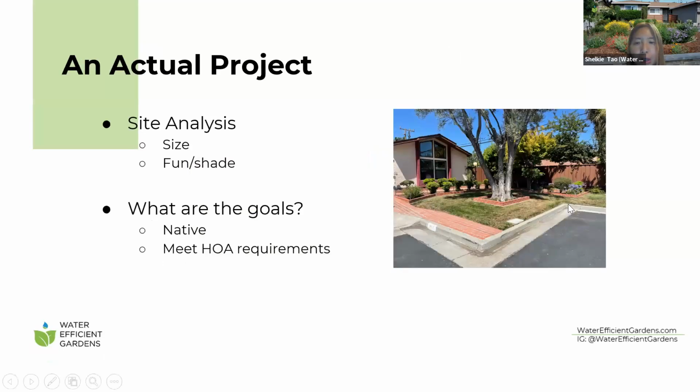This is an actual project that I did. It's an HOA yard. As you can see, this is the lawn. In the middle, there's this olive tree. The homeowner wanted to change this into native landscaping. But because it's an HOA property, all the plants must not be over 2 feet tall.